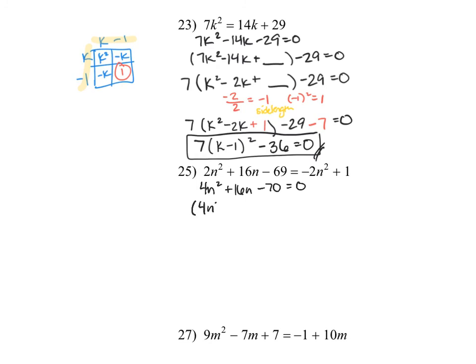So I'm going to have 4n squared plus 16n plus some number minus 70 is equal to 0. And now I'm going, okay, it's not just 1n squared, there's 4n squareds. So I'm going to kick out the 4 and factor that out. So it'll be n squared plus 4n plus some number minus 70 is equal to 0.